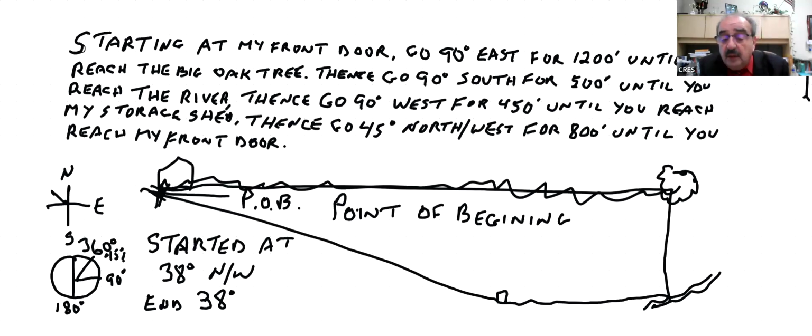Let me give you an example of that. Okay. Principal meridians run north and south. I need to make this a little bit thicker. So principal meridians run north and south.